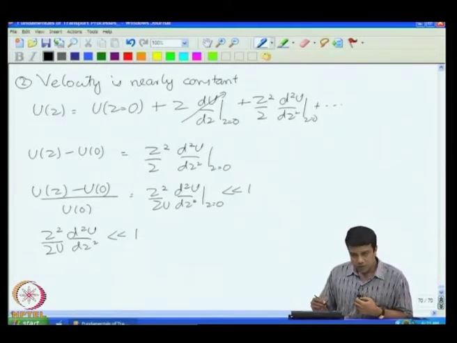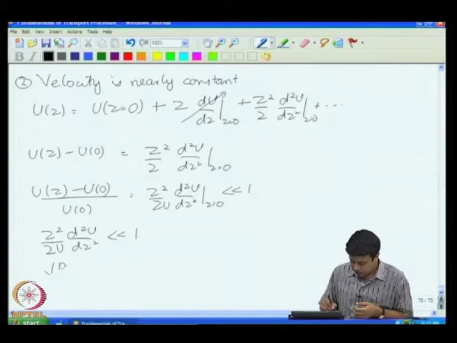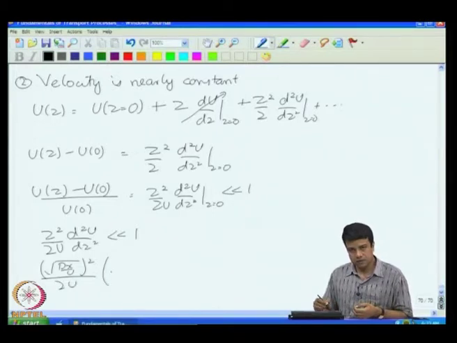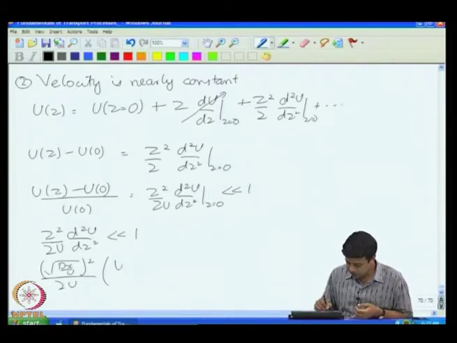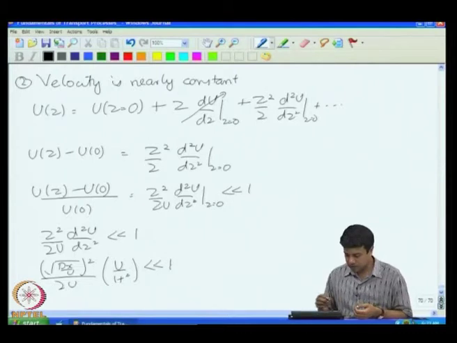z is proportional to the penetration depth. So, z is proportional to square root of dx by u, that is the penetration depth, the whole square by 2u, and d square u by dz square we will see later on when we solve the problem. This is approximately u by h square, and it has to be small compared to 1.